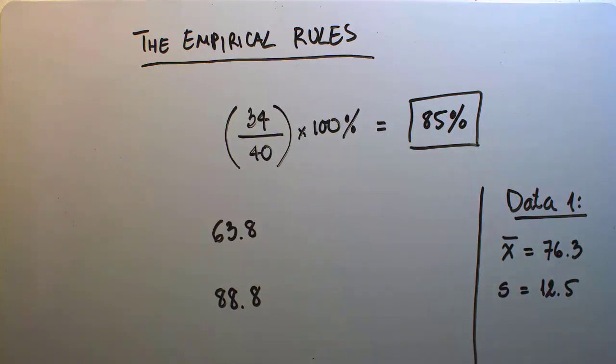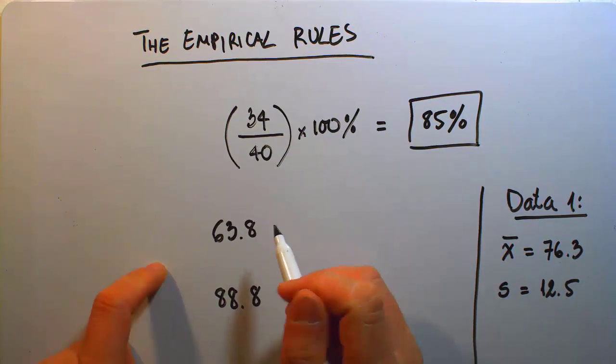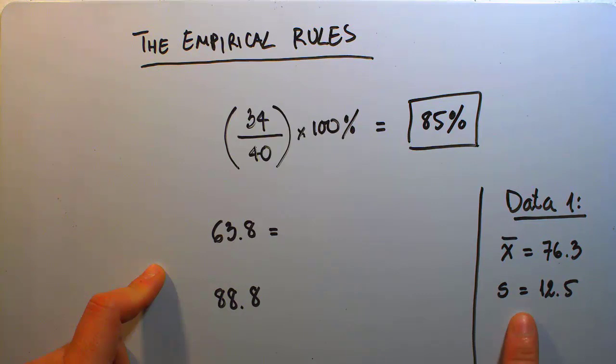To tell the truth, the low and the high of the interval given in the problem did not come out of nowhere. They are a special pair of low and high. Let me bring up that truth using the mean and the standard deviation of data 1.